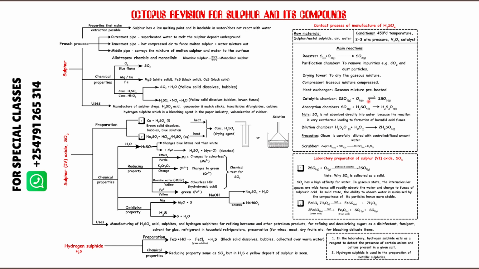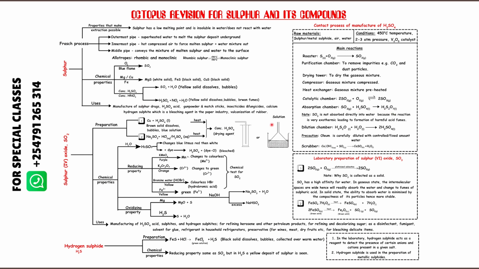Just give a pressure of 2, or you can give 3 atmospheres. After sulfur 6 oxide is formed, it is dissolved in concentrated sulfuric acid in the absorption chamber to form oleum.